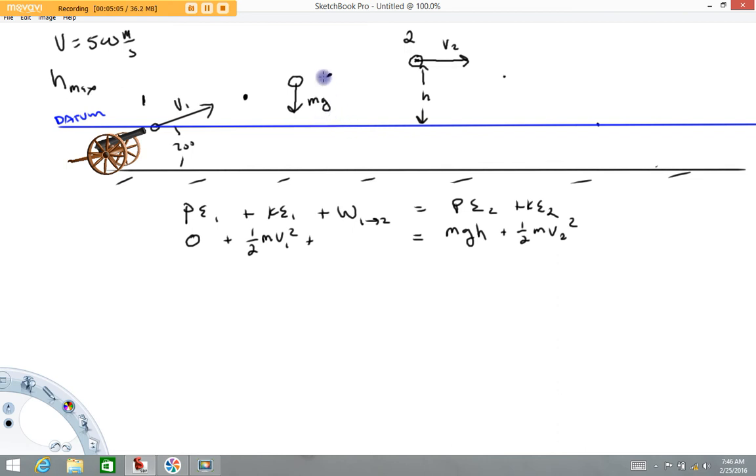Even if we tried to put a work term in, the force is mg, the distance is h, and the work term would be negative because between position 1 and 2, the vertical displacement is up, not down. The mg is down and that displacement was up, so the work term would be negative.